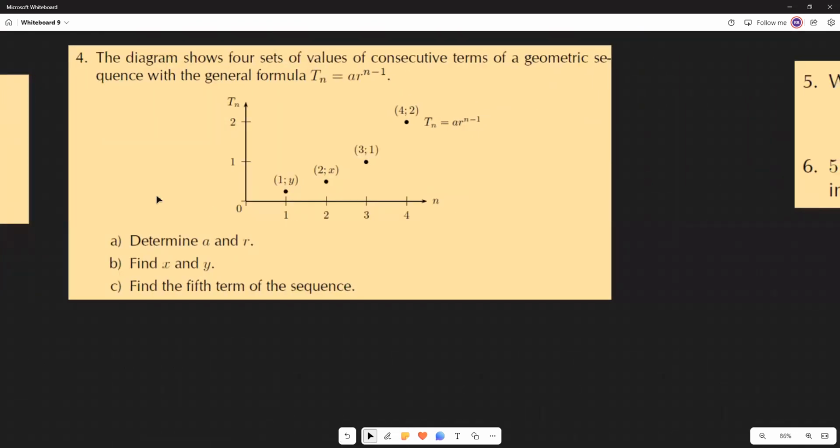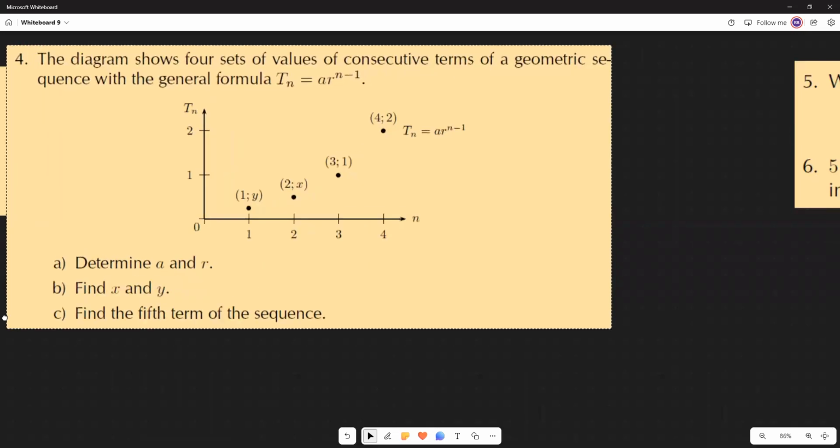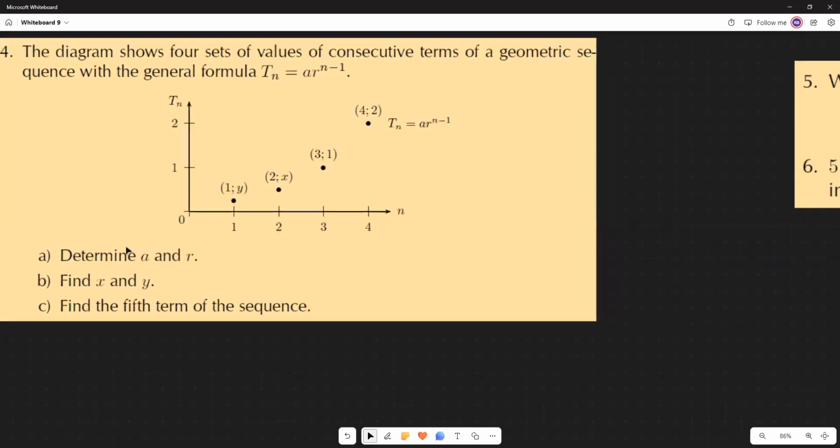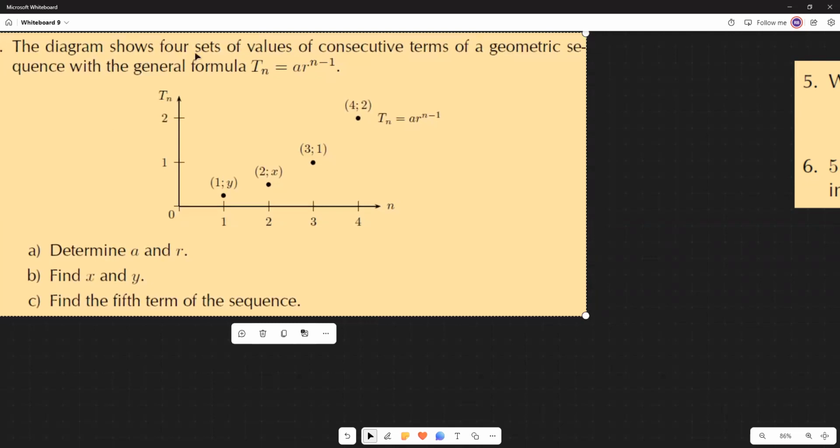In this question, they say the diagram shows 4 sets of values of consecutive terms of a geometric sequence with the normal general formula.